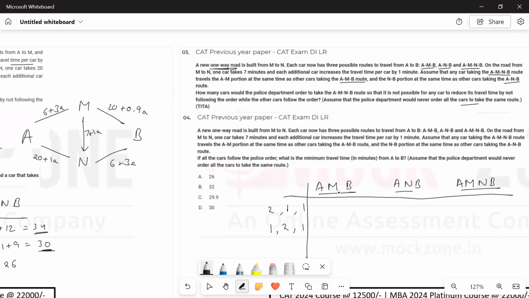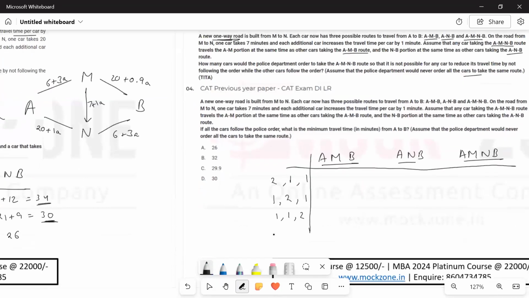Two cars take one route, two cars take another, and one car takes AM and B. The other option can be 1, 1, 2. One car takes A and B, one car takes A and B, and two cars take AM and B. There can be other options too, where zero cars take A and B, three cars take A and B, and one car takes AM and B.